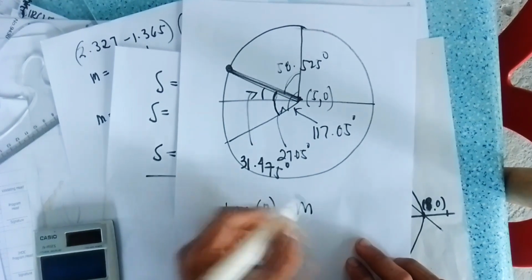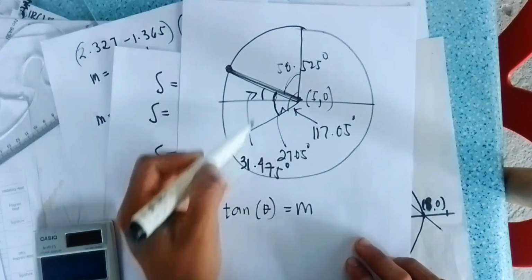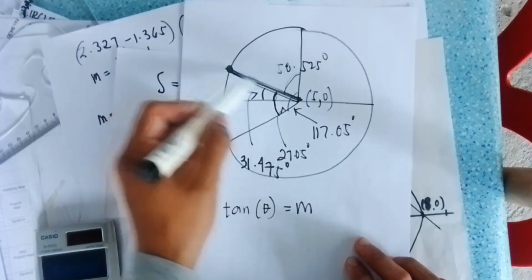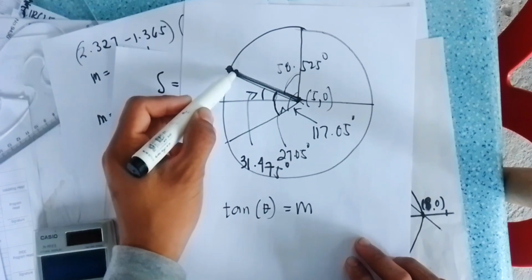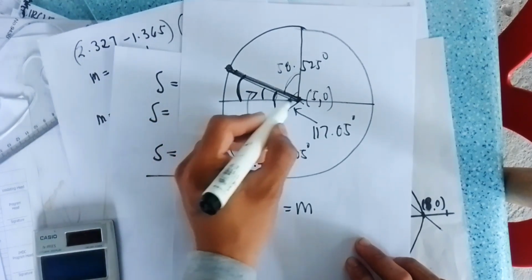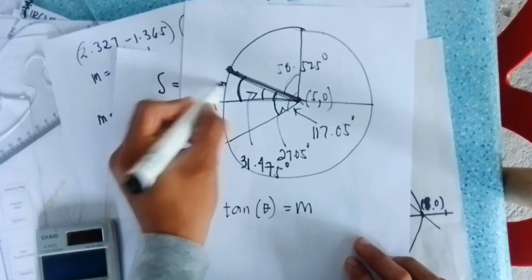But take note, this 31.475 degrees creates a line that leans to the left. That means this 31.475 degrees is taken from the clockwise direction, so it is negative.